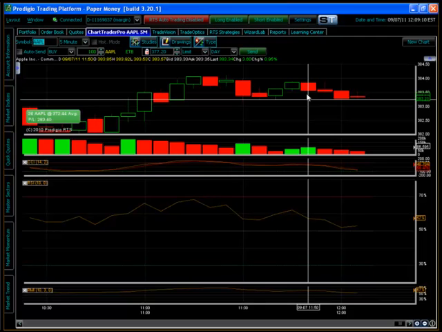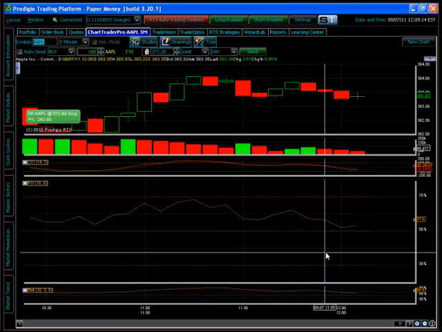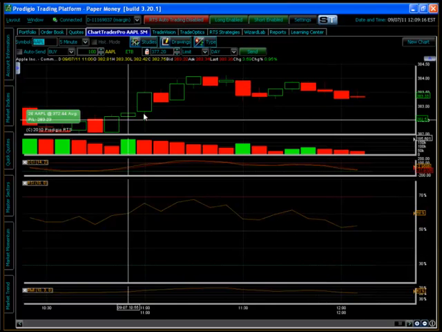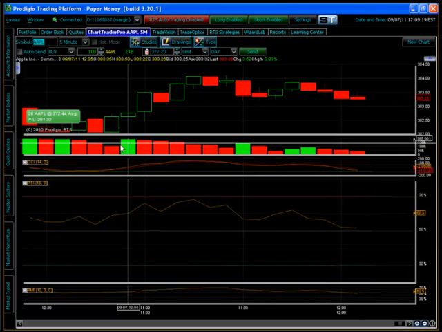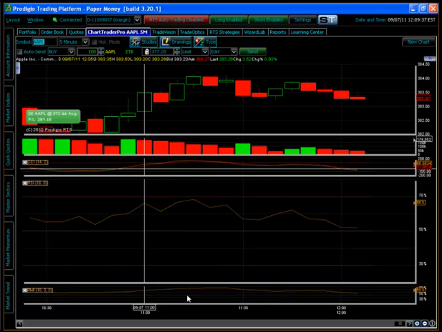Well, what happens when you have more red bars than green bars is the bears start to win. And when you have more green bars than red bars, the bulls start to win. And that's just very basic common sense. He's taking that out, making a ratio, and he's showing you the winners of the bulls versus the bears using a relative calculation. That's why it's relative strength. And he's plotting this on a chart.